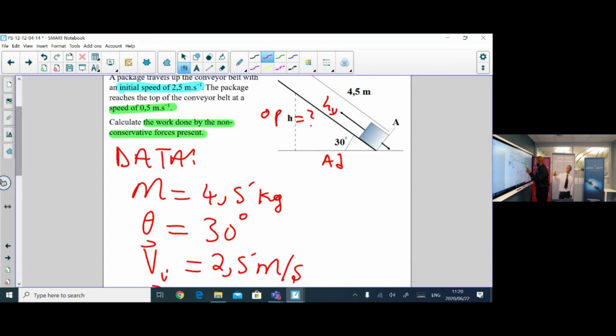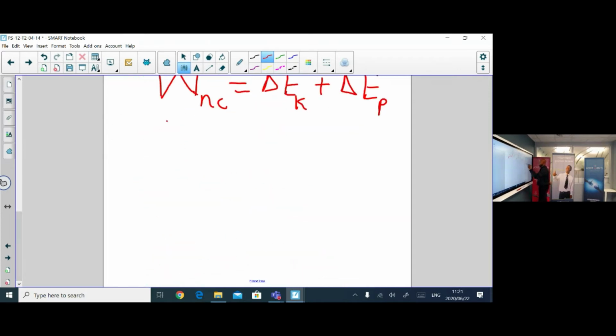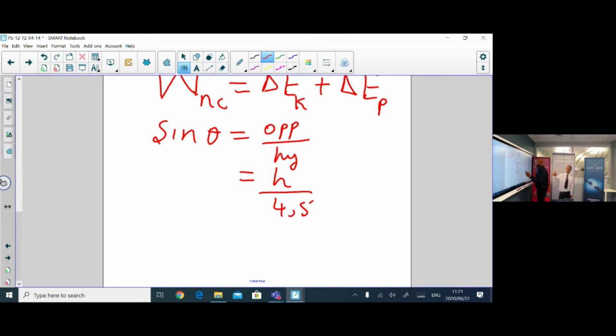So we have to say sine theta is equal to opposite over hypotenuse, which is equal to opposite is h, and the hypotenuse is 4.5.